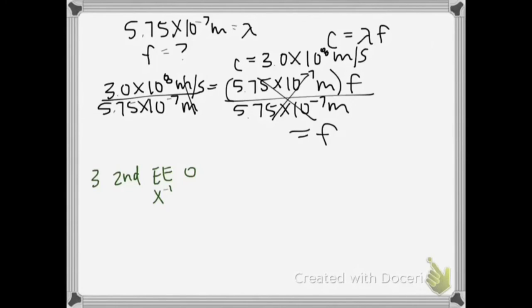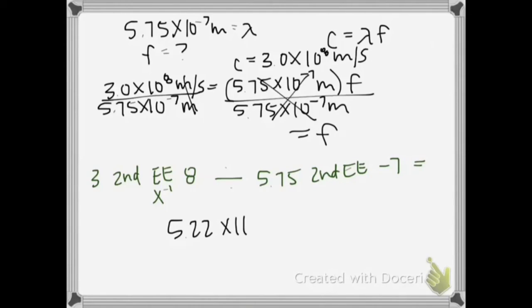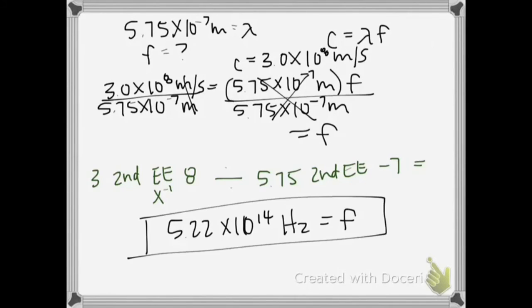Okay, then I'm going to push the 8. Okay, then I push what I'm doing, and here I'm dividing. So I'm going to push divided by, and then my second number, 5.75, and then second, EE to the negative 7. And then I push my equal sign, and that's going to give me my answer. In this case, my answer will be 5.22 times 10 to the 14th, and I'm measuring in hertz. So that is frequency, and that's my answer.